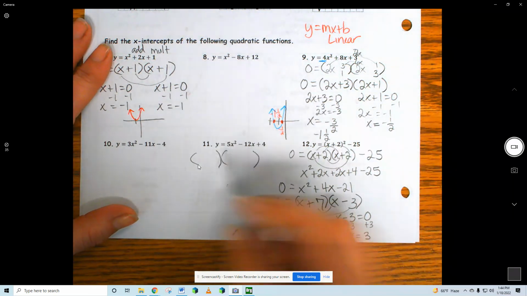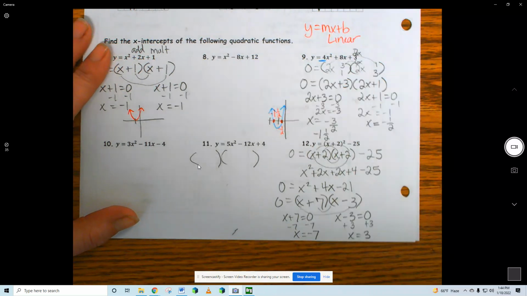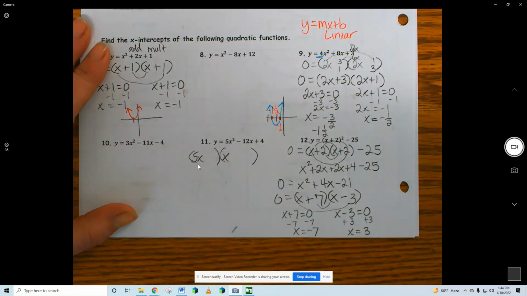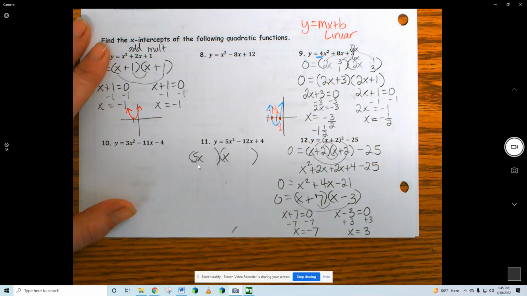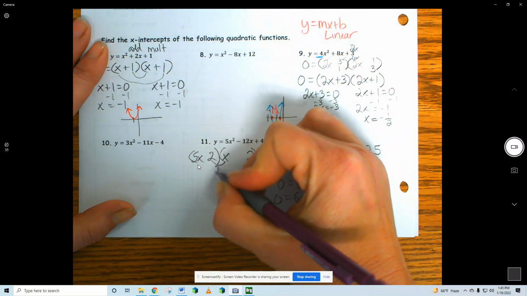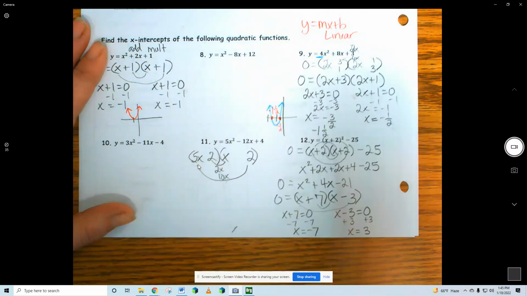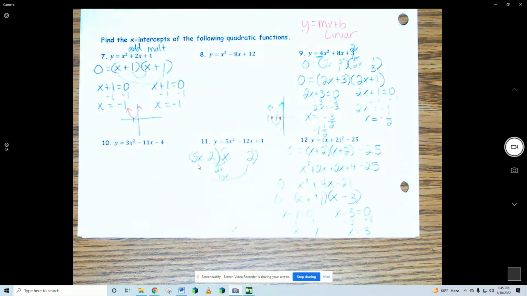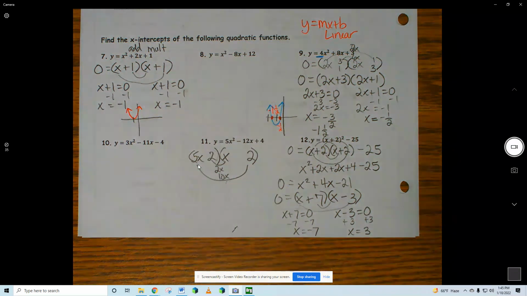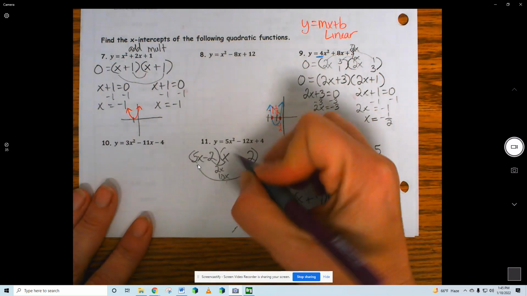Well, the first, what makes 5x squared? 5x and x. What makes 4? It could be 4 times 1. It could be 2 times 2. You play around with it. Did anybody get it? What'd you get? 2 and 2. Because when he tested it, he got a 2x and a 10x. 10x and 2x make 12. But they both are going to be negative.